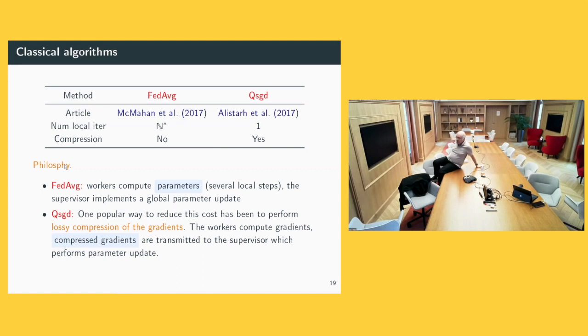The first algorithm is called federated averaging. It was proposed by McMahan and implemented by Google. In particular, it's used cross-device to learn next word prediction. The next word prediction used in Android is done in a federated way.